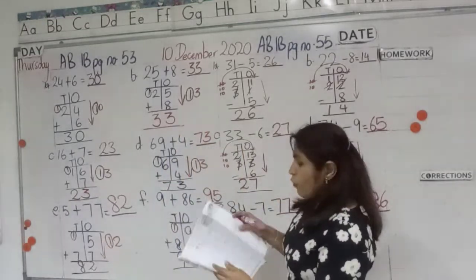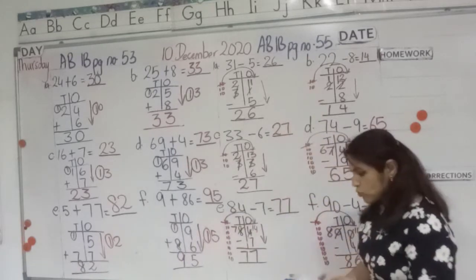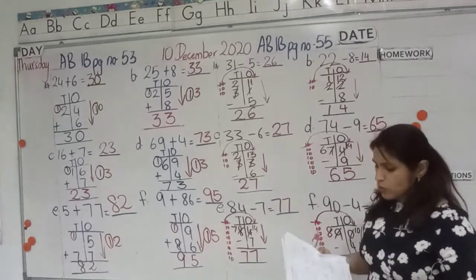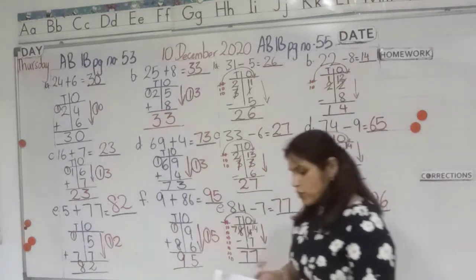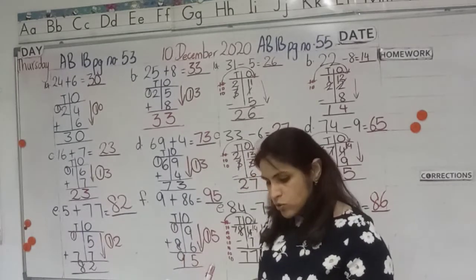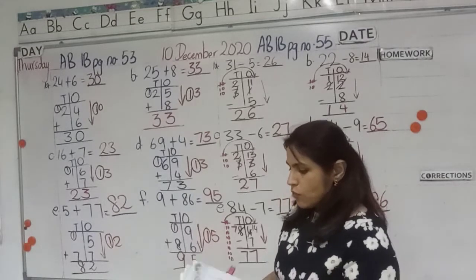So 54 is for homework, 55 is classwork you have to do. Similarly, you have to do 56 as homework. Then you have 57, 58 also for homework.